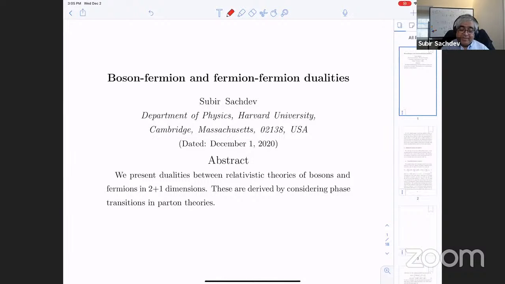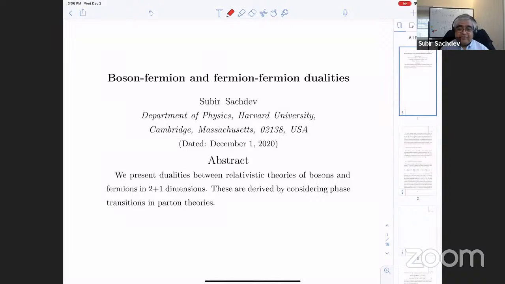As long as you're describing the transition between the same two phases, or the two sides of the transition are essentially the same, have all the same characteristics, then you expect universality. You expect the universal description near the critical point to be unique.